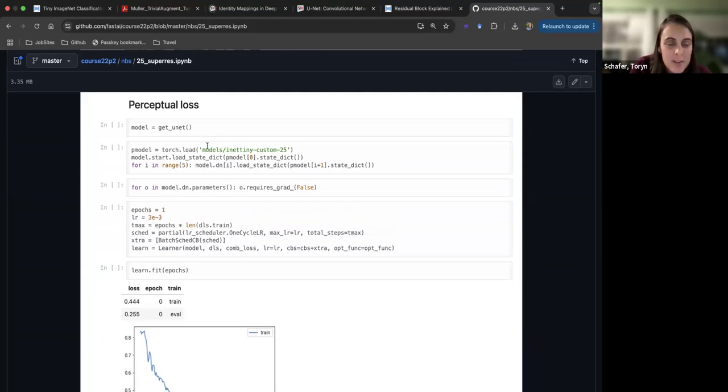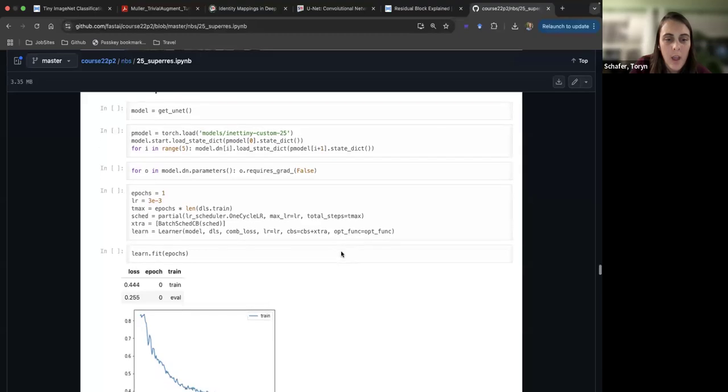Okay, so again, we're loading this pre-trained model. Then we turn off the gradient. We load it and then we add it to our model as the initializing. So we initialize, turn off the gradient, do one epoch.